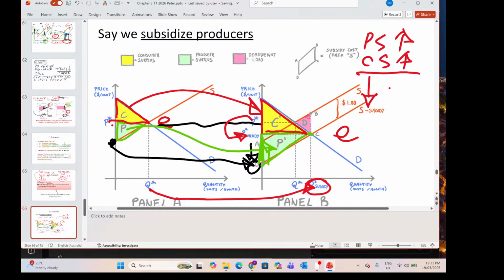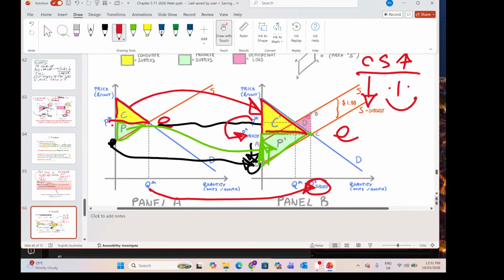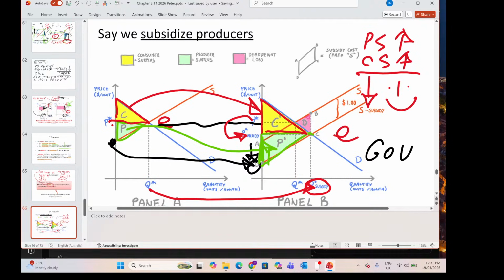Everyone is smiling because both consumers and producers are better off, except that there's a third party we need to consider, and the third party is the government. Because although the consumer surplus and the producer surplus grew, the government has had to pay for the subsidy.